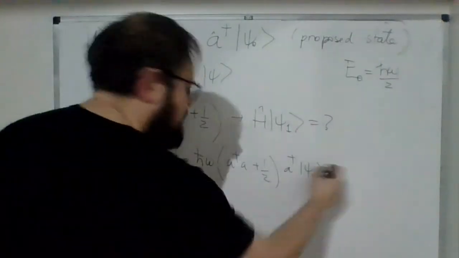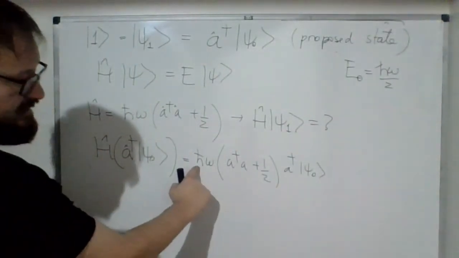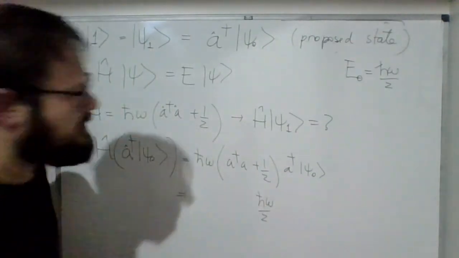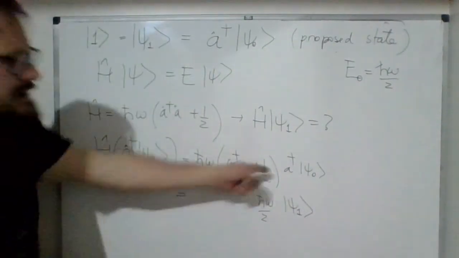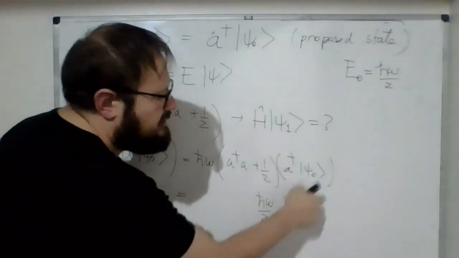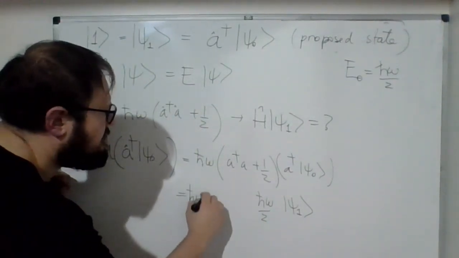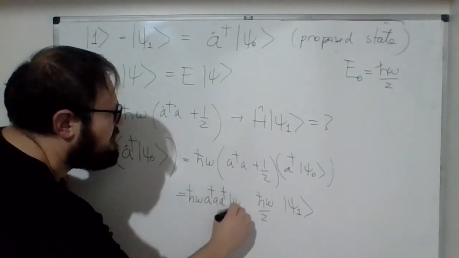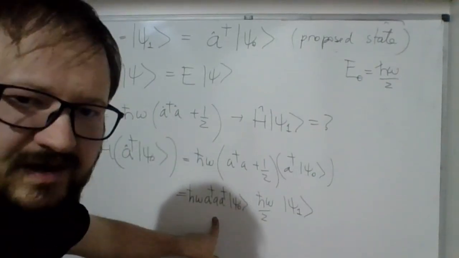So of course, the first part, which is just h bar omega over 2, the vacuum energy, applied to the state psi 1, is already there because a dagger psi 0 is just that. But we need to evaluate this thing here, a dagger a applied to psi naught. All right, we need to evaluate this thing here.